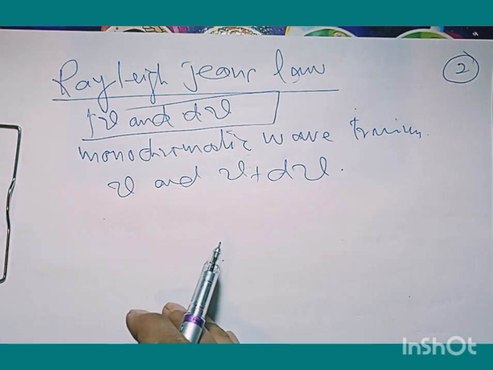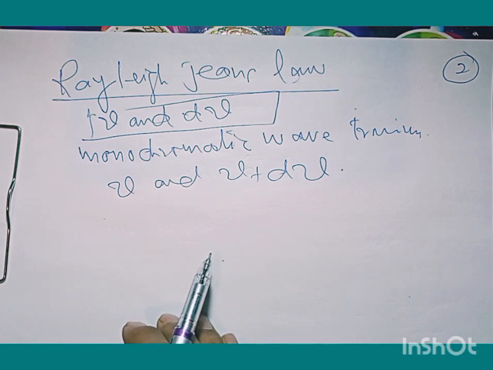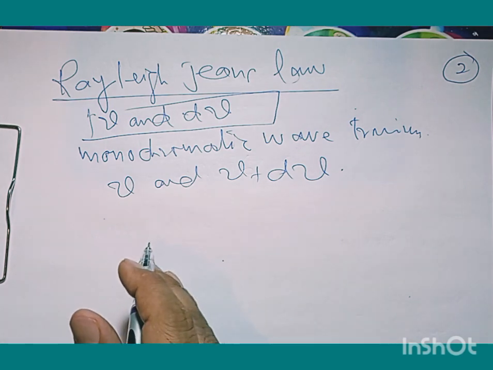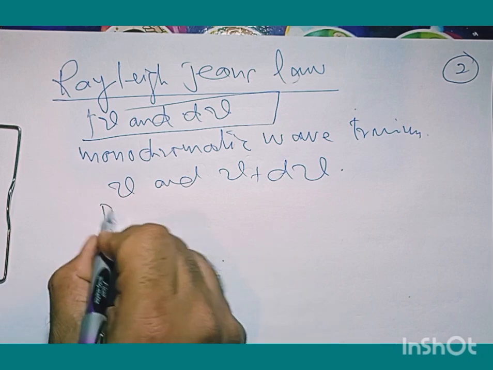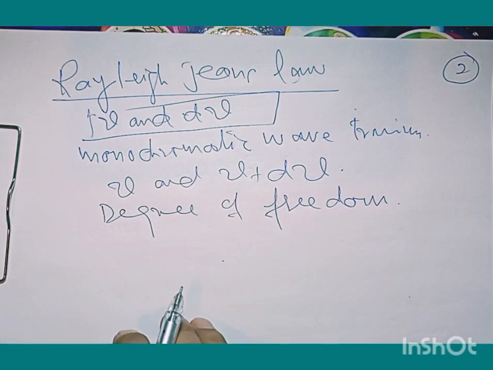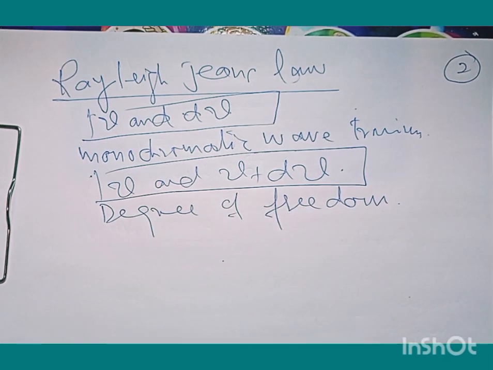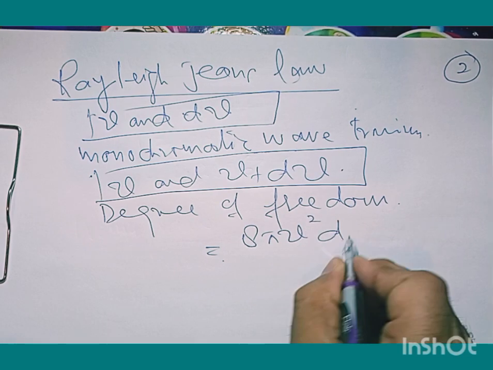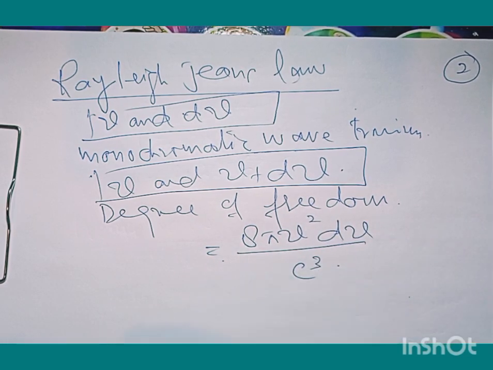So we'll not go into the actual details of Rayleigh and Jeans, because our motivation is basically Planck's black body radiation law. What Rayleigh and Jeans found is that the number of independent vibrations, or degrees of freedom, per unit volume with frequency range of nu and nu plus d nu equals 8 pi nu square d nu by c cube.